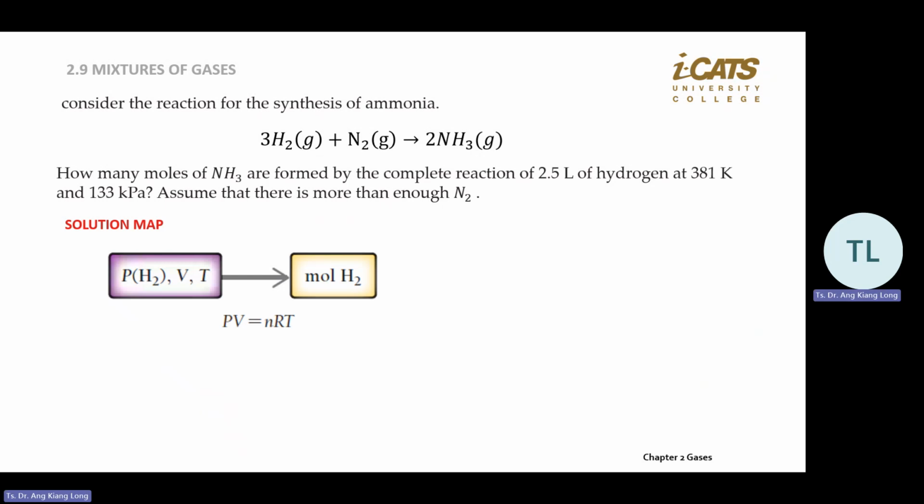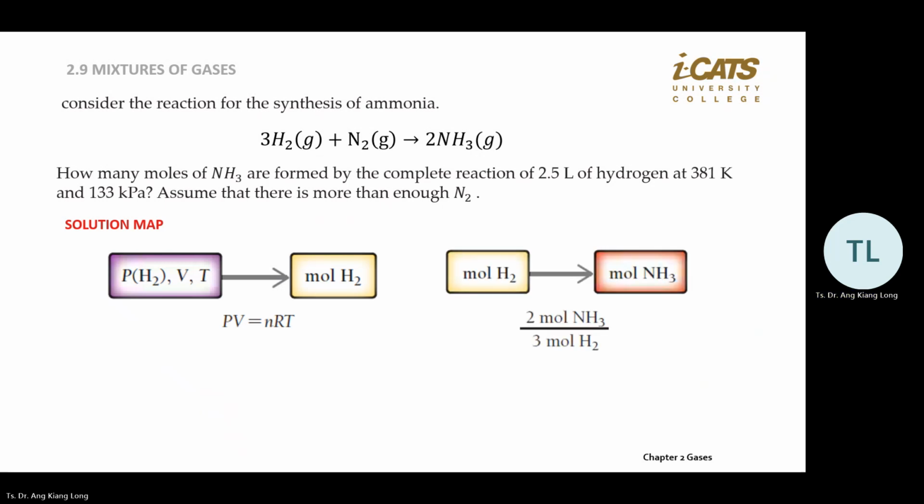He asks you the right hand side, how many is formed? In this case, nitrogen is not your concern. You input this one, how many come out from your experiment? So you convert to mole, PV equal to nRT, then you convert mole into ammonia.